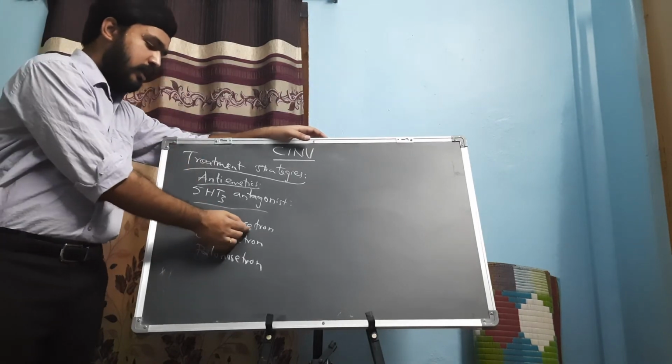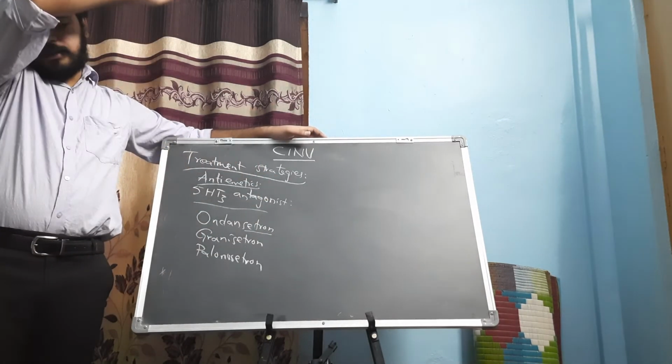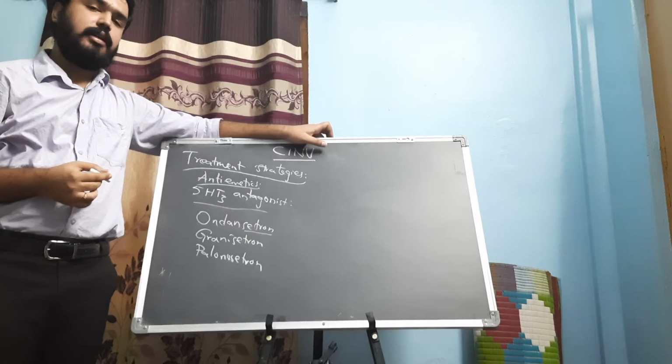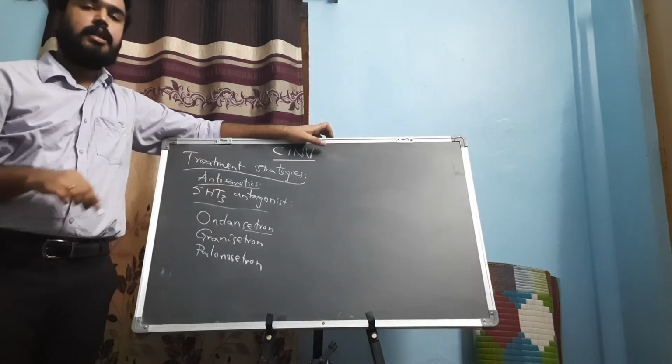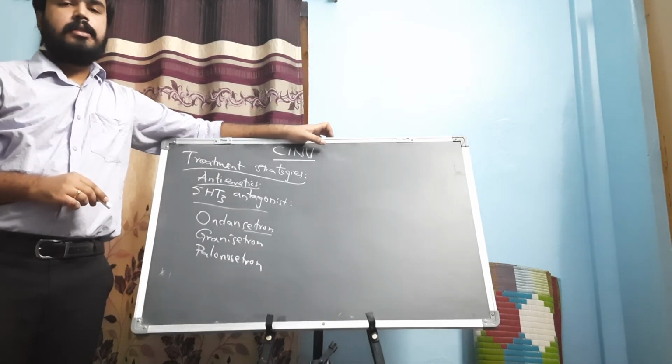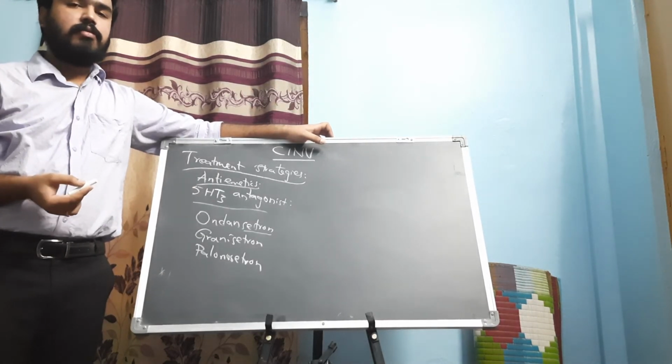So these setrons, the agents with the suffix setron, are the 5-HT3 receptor antagonists, which block the serotonin pathway and thus prevent the stimulation of the vomiting center.